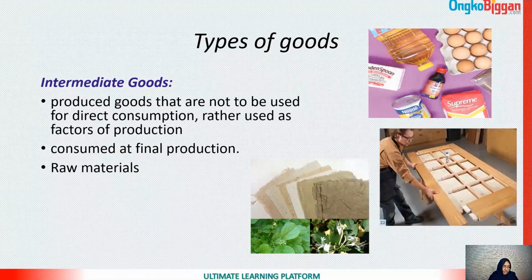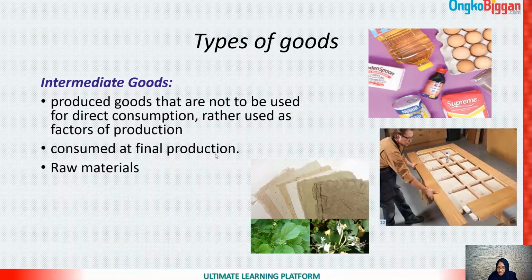The next type is intermediate goods. Some produced goods are not to be used for direct consumption, rather used as factors of production. For example, baking items. Here you can have vanilla essence or baking powder, baking soda, butter, etc. These are not for direct consumption, rather used as factors of production of baking. These products are consumed at the final production.